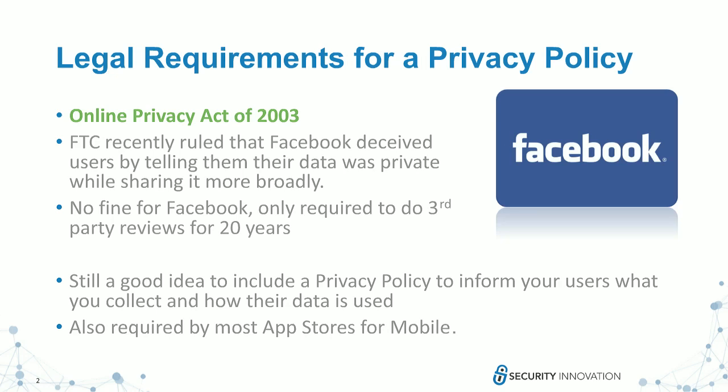So let me actually dive a little deeper into this and walk you through some of the mistakes that Facebook made so we can take it as a lesson learned and do our best to make sure this does not happen to our organization. So it all started, Facebook had changed its website so that certain information they had collected from users that had been designated as private from the users, like the user's friends list, was made public.